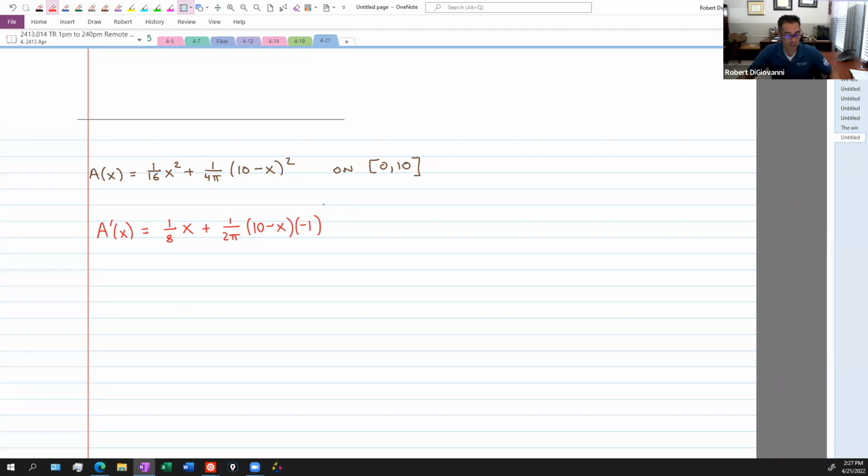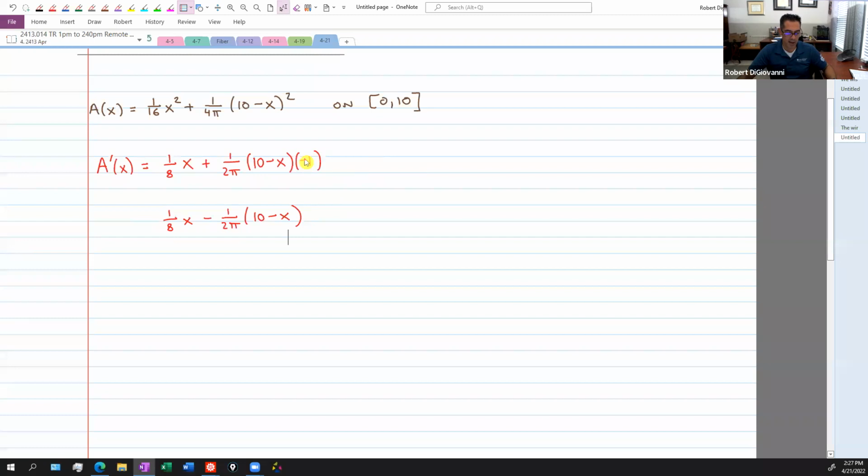That's our derivative: 1/8 x minus 1 over 2 pi times 10 minus x. So I just put this negative out front and turn it into subtraction.